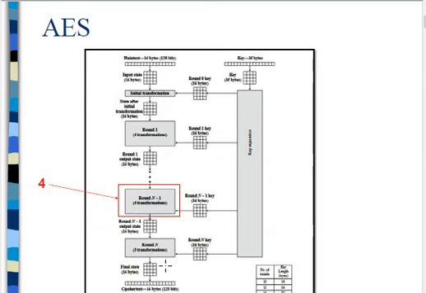And finally, in the last round, we have only 3 transformations over the state, and the final result is organized again as a 128-bit ciphertext.